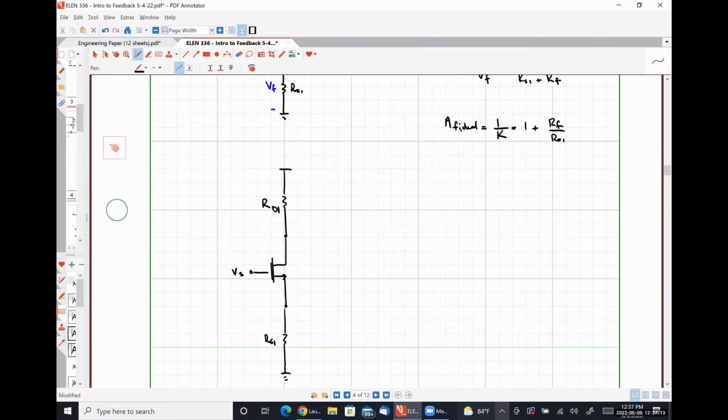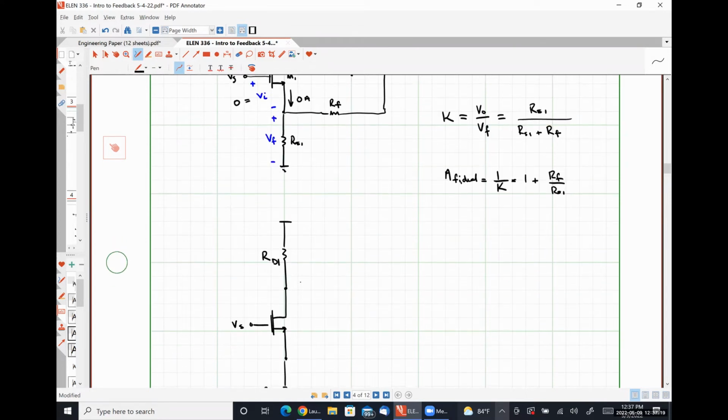And then in my original picture, just to make sure, I believe I just had a line, yeah. Here's M2, M1. This was RD2.